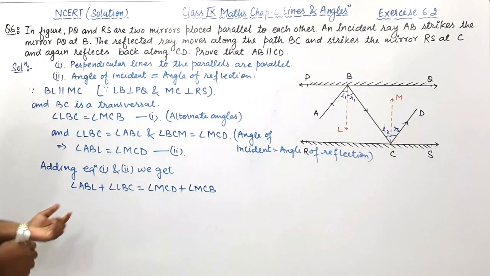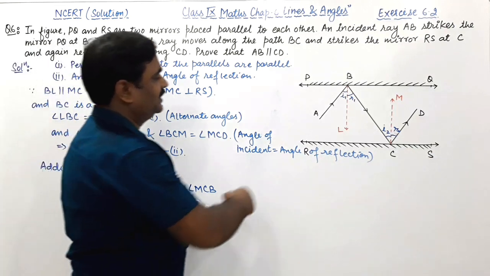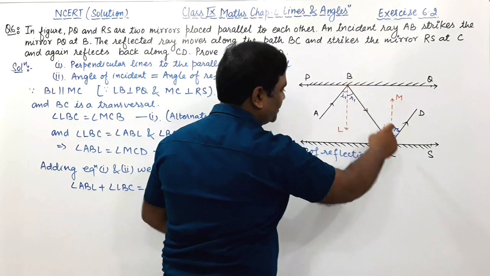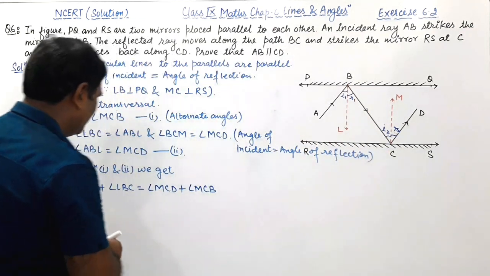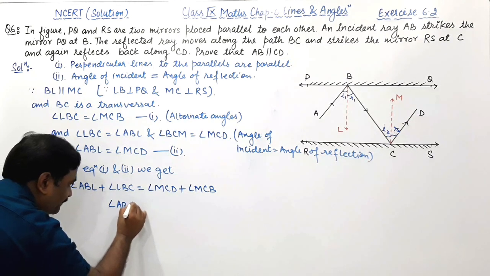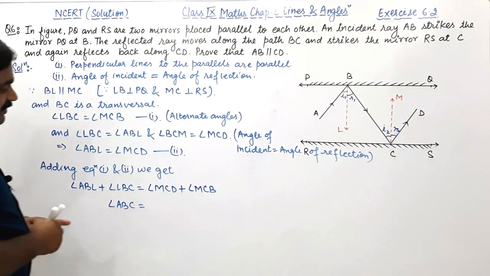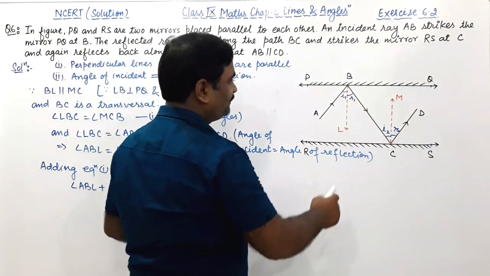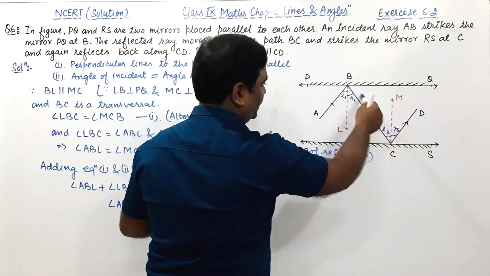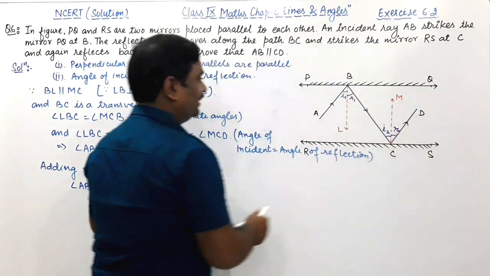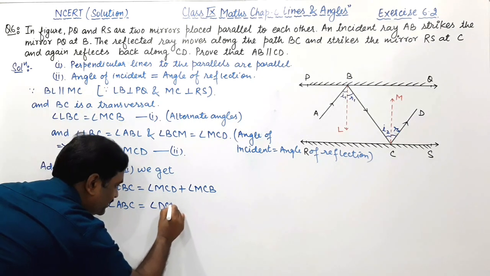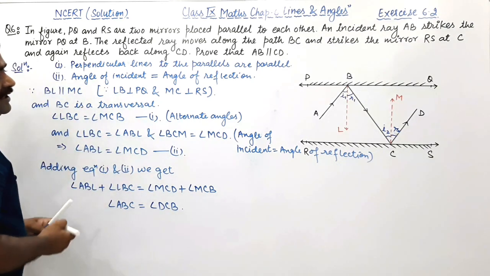Just see, after adding, ABL and LBC together can be written as angle ABC, is it? Therefore, we can write angle ABC is equal to the sum of these two angles, MCD plus MCB, which can be written as angle DCB. Right?